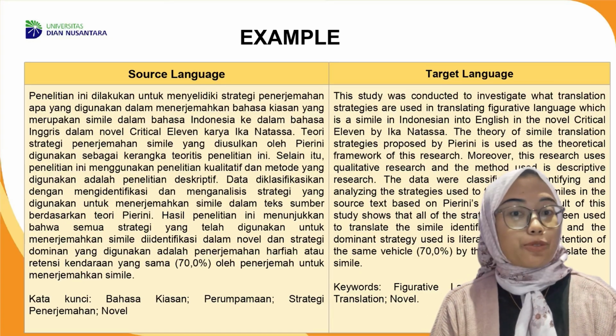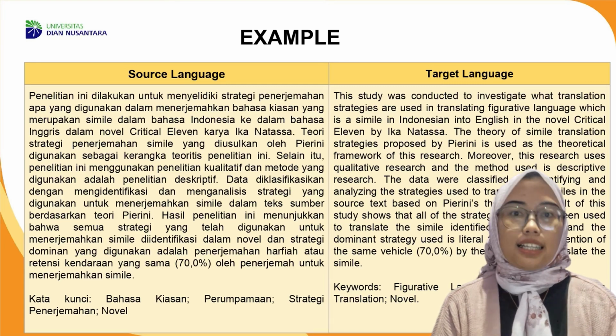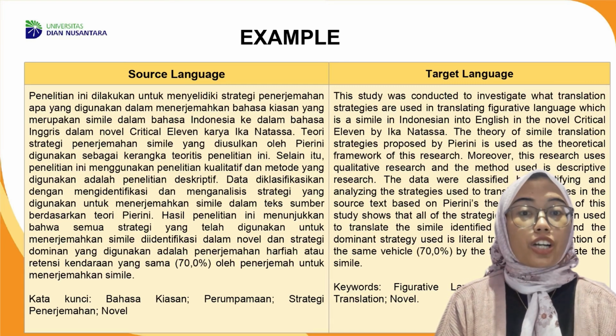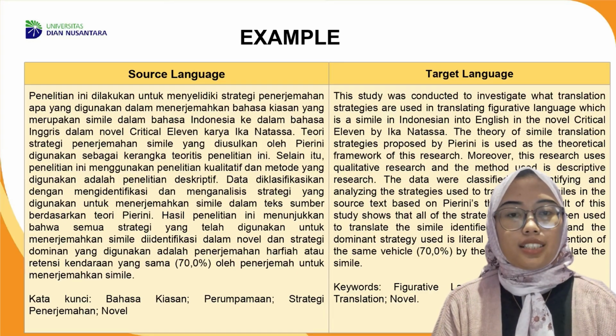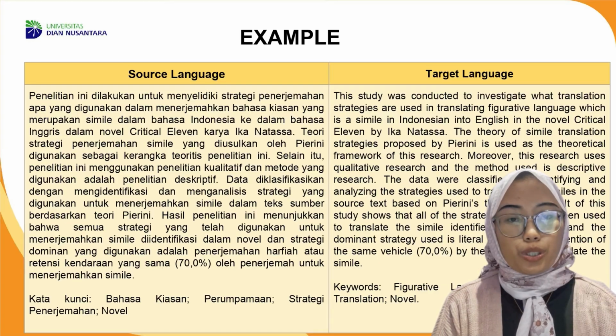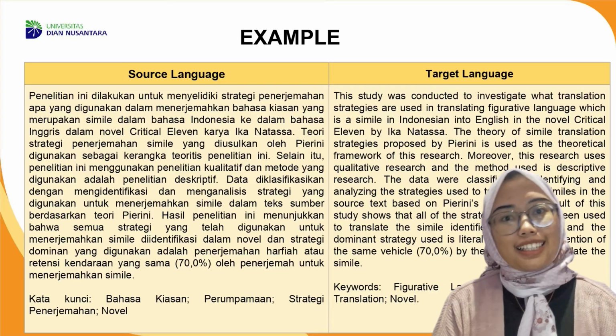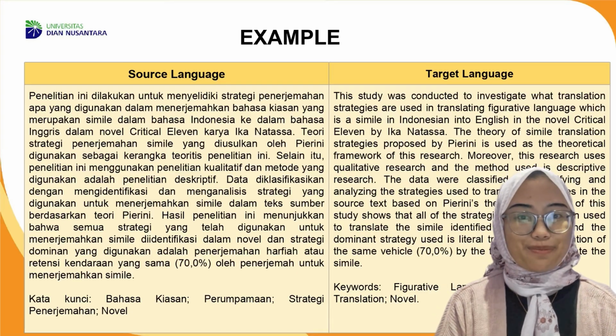From this abstract, there is an Indonesian source language and an English target language. And we are going to examine both of them, the source text and the target text, by using the procedure of translating abstracts by Reza, 2018. Well, let's go to the next slide to break it down.